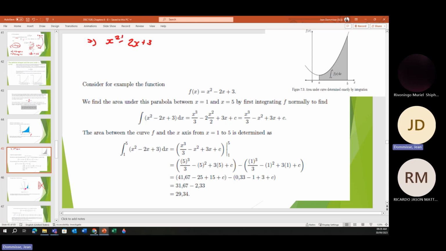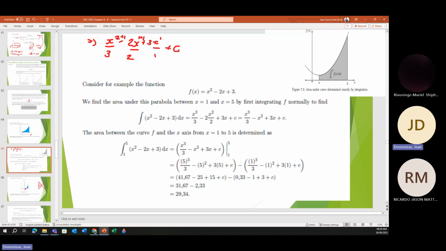So remember, we say plus 1, and then we divide by the new power. There was a 1, so we say plus 1, so it becomes 2, divided by 2. Here we add the x to the power of 1, going to divide by 1, so it's not going to make a difference.